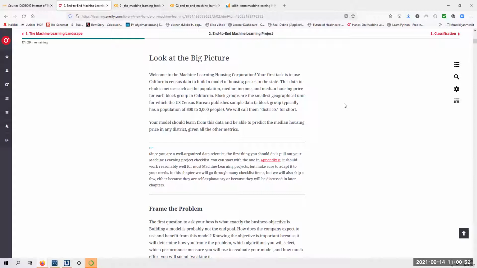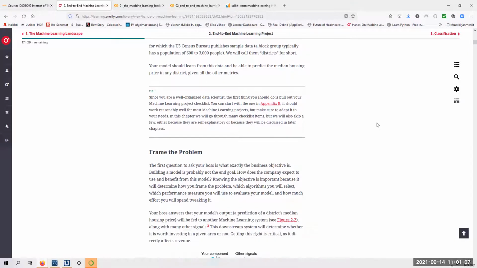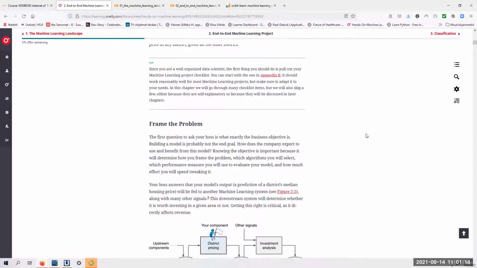Block groups are the smallest geographical units for which the US Census Bureau publishes sample data, and here we call them districts. Your model should learn from this data and be able to predict the median housing price in any district given all the other metrics.